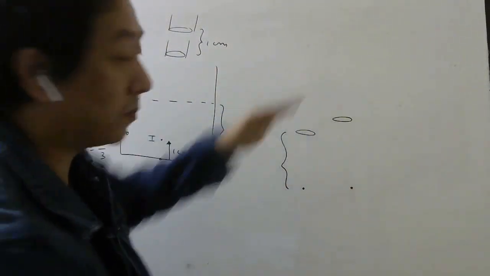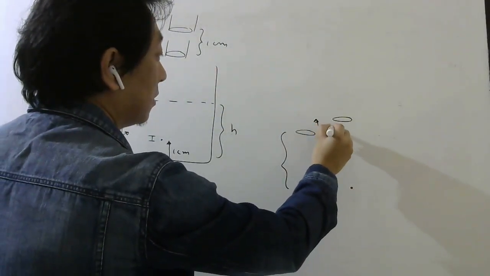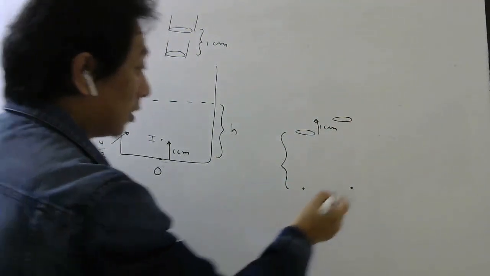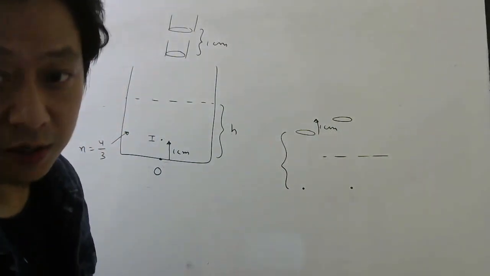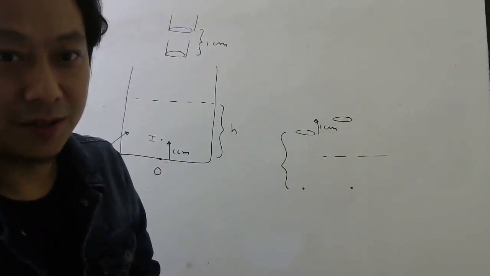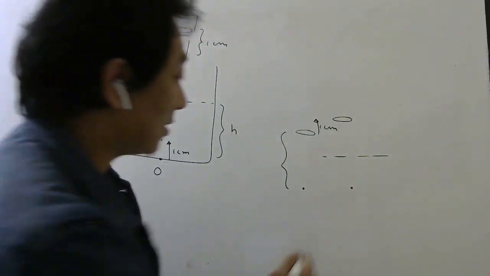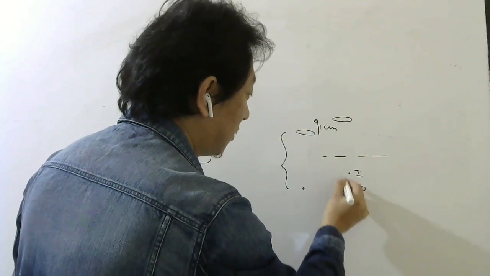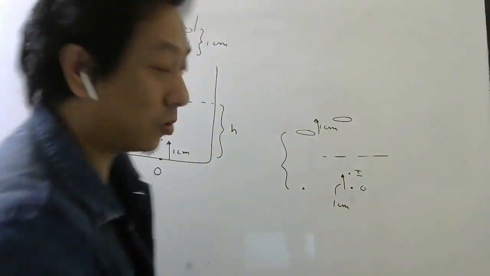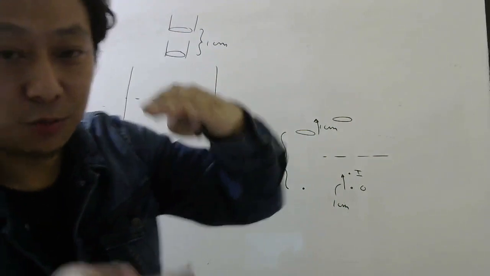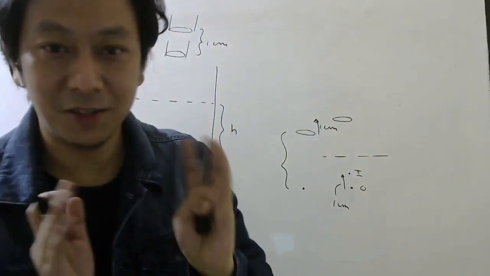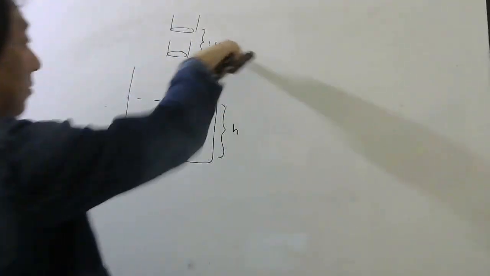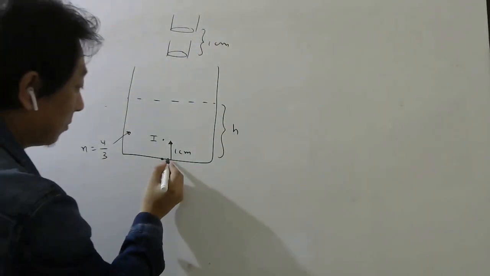Now you moved it up by 1 centimeter, so now the focusing will not be there. You will not see a sharp image. So the question is how much water you should put so that again you can focus at this second position. That means the image should be formed such that this shift is also 1 centimeter. So this 1 centimeter given here is nothing but the shift.